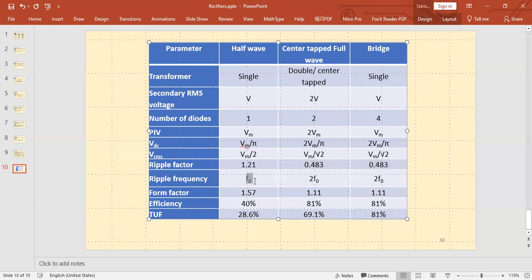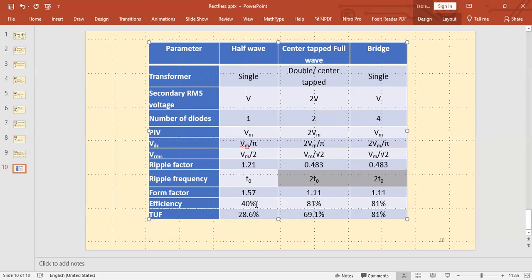Ripple frequency is f0, and in these two cases, 2f0. You remember what difference the ripple frequency makes? If the ripple frequency is more, the filtering of the AC component will be easier. Form factor is 1.57, 1.11, 1.11.